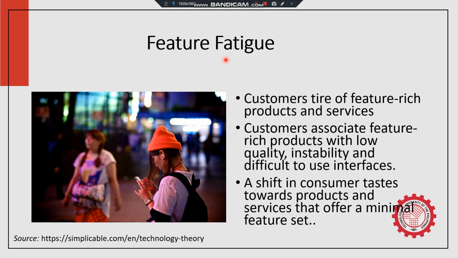For feature fatigue, the customers tire of feature-rich products and services. So, customers associate feature-rich products with low quality, instability, and difficult-to-use interfaces. A shift in consumer taste towards products and services that offer a minimal feature set. Okay?